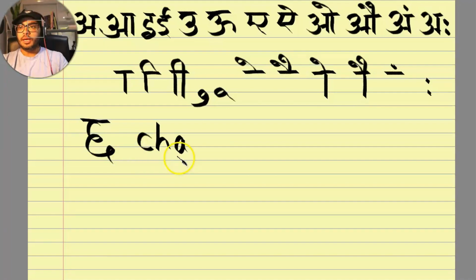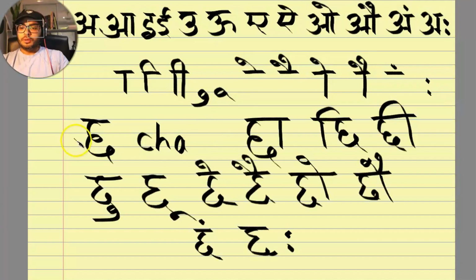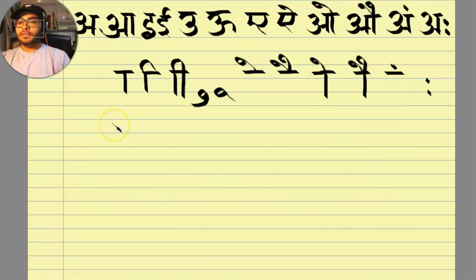A word in Nepali that uses this sound would be chata. Chata is umbrella. The Barakhari sound for this cha sound is cha, cha, chi, chi, chu, chu, che, chai, cho, chau, chum, chaha.